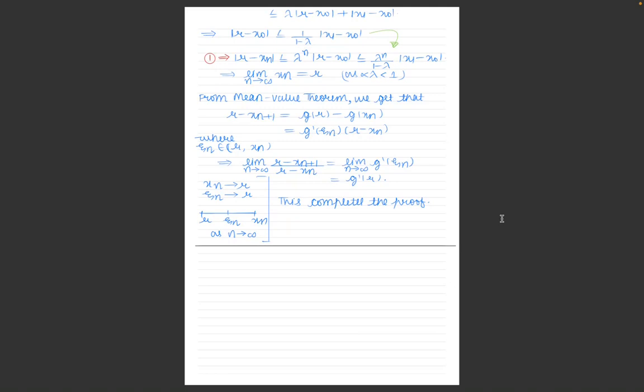So yeah, so this was it, and only one exercise is left, that why this g(x) has a unique root. Why this has a root, it has been cleared. Okay, why this should happen.